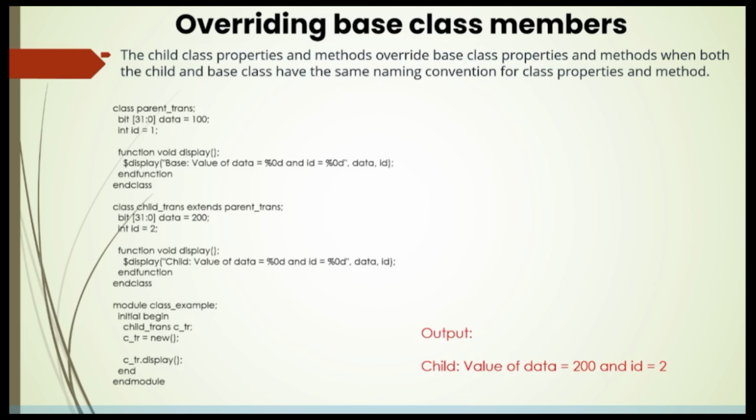So if anyone in an interview asks you how you override the base class properties and methods, by using inheritance you can override the properties of the base class by pointing to them with your child class handle. Clear? So this is the example. If you want to see this code, you can just pause this video and check it out. This is the same code that I have mentioned in this EDA Playground example. So this is how you override the base class members.